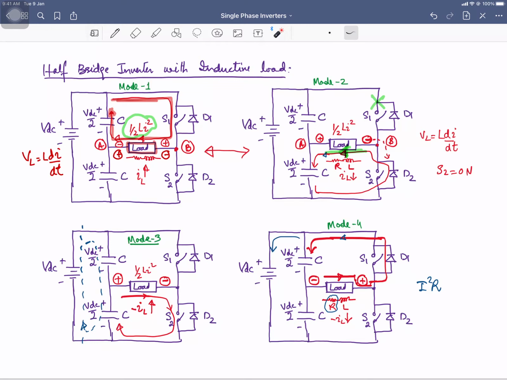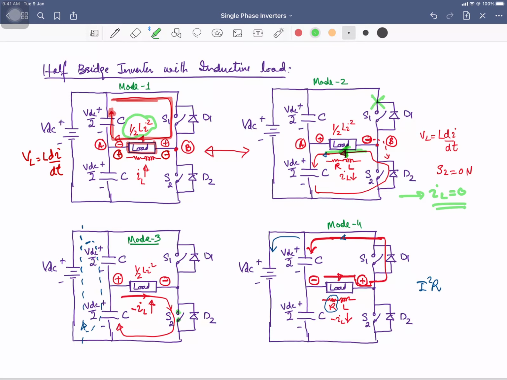Okay, once you are going to turn on the second switch S2, and that will be turned on when the energy that was stored in the load has been completely utilized. So then how will the current develop in the opposite direction? When you will be turning on S2, once the current becomes 0, I am assuming that inductor current has become 0 over here.